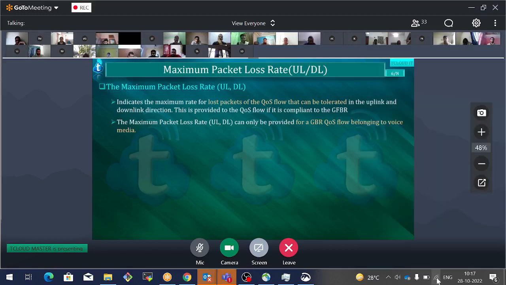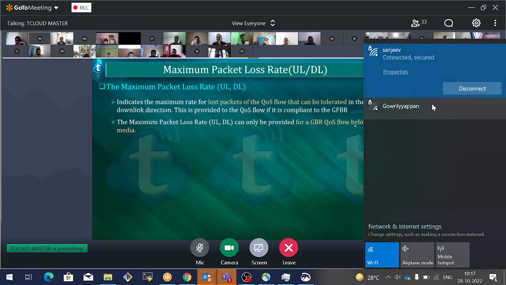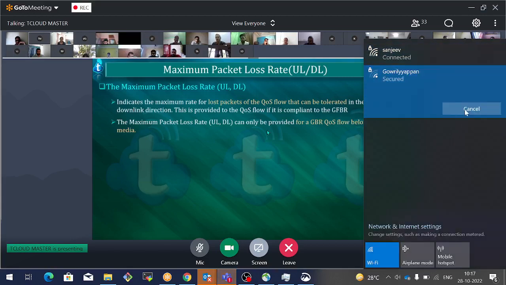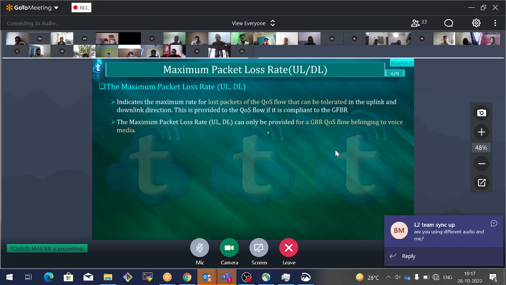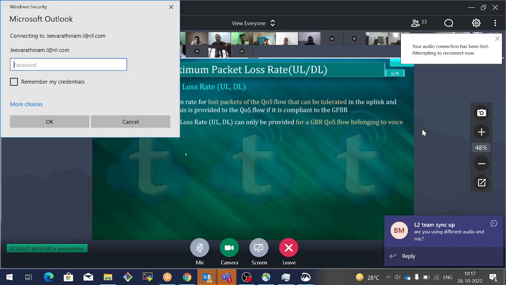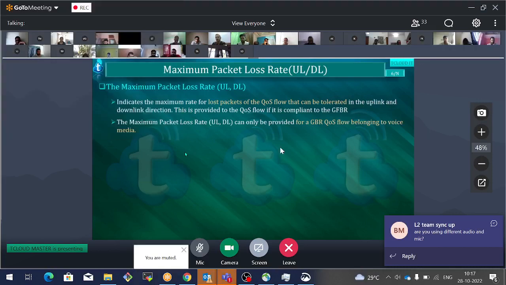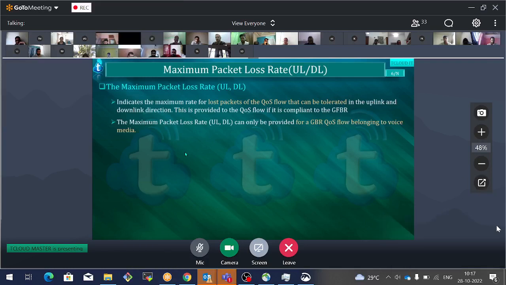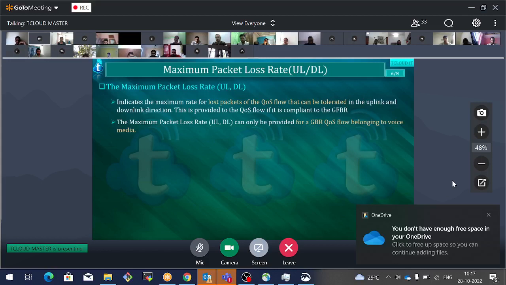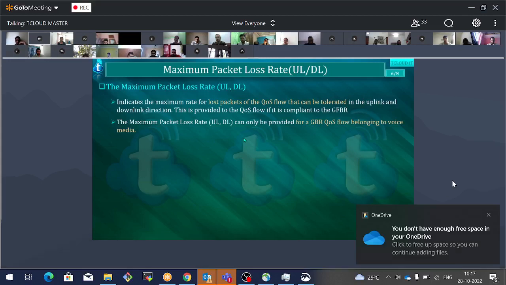But this parameter is applicable only for GBR quality of service flows, and that too for GBR flows that are applicable for NGR nodes. The suggested value is applicable for both directions, uplink and downlink.